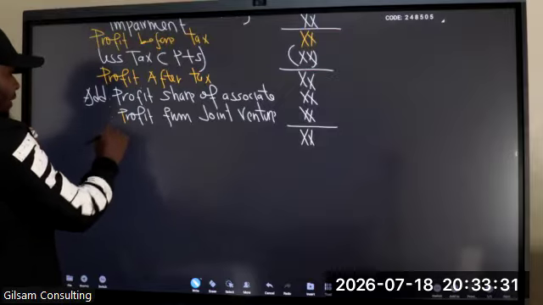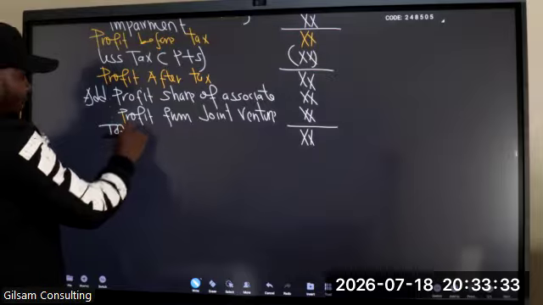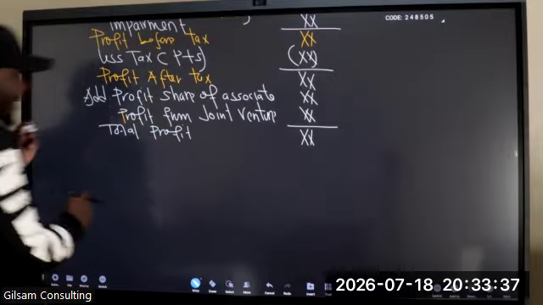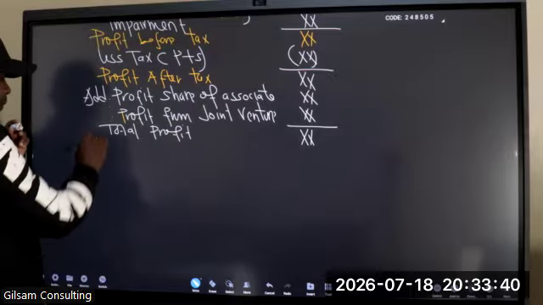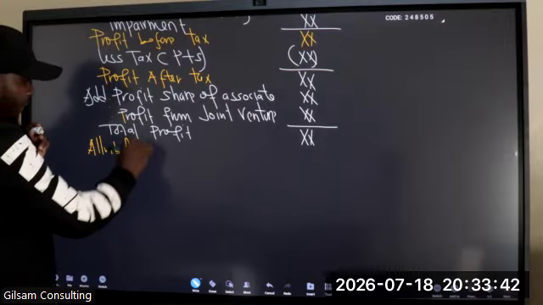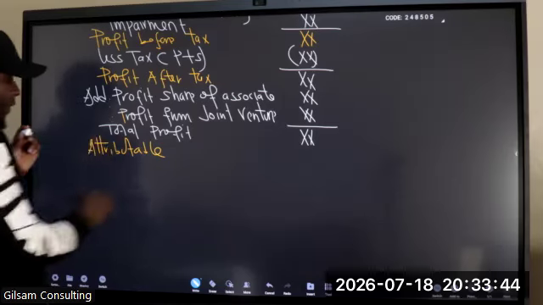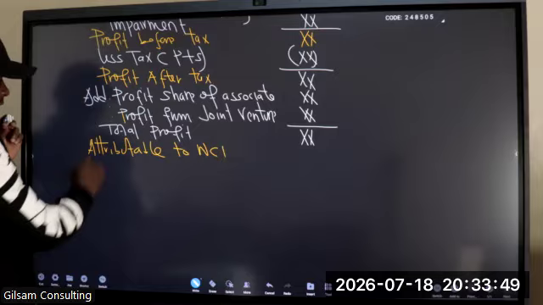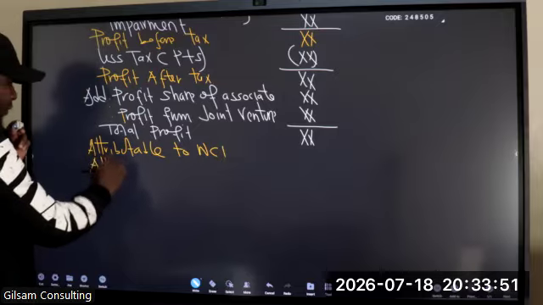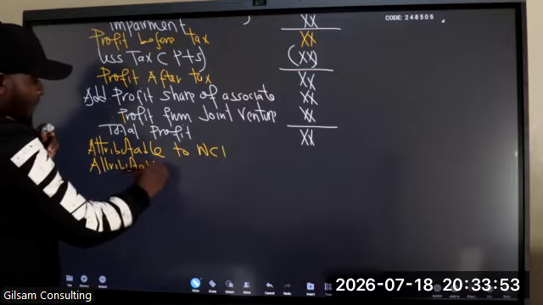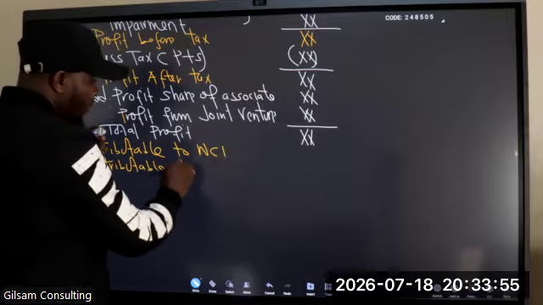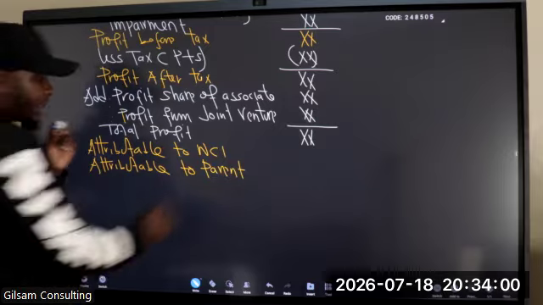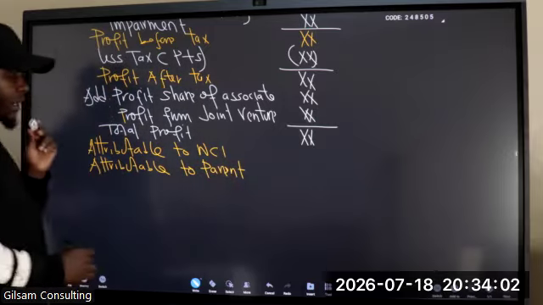So this is the total profit, and from there we get profit attributable to NCI and profit attributable to parent.